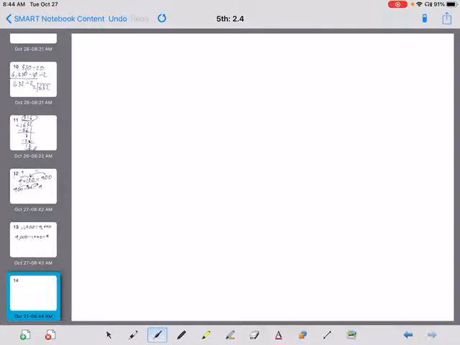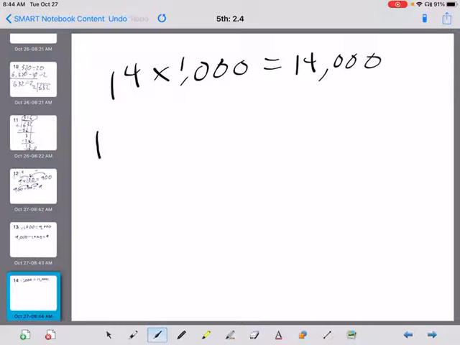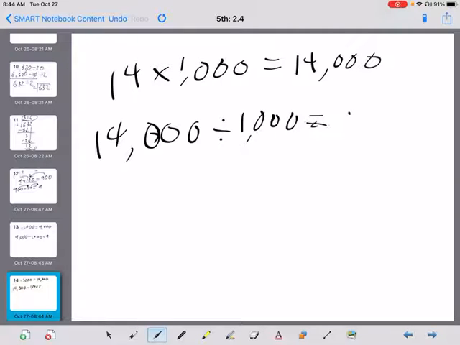If we have 14 times 1,000, then that equals 14,000. Other way around, say it with me, 14,000 divided by 1,000 equals, yes, 14. See those 3 zeros, they kind of undo each other as you go this way. And here, those 3 zeros just get added on at the end.